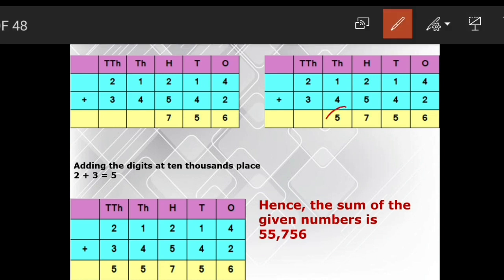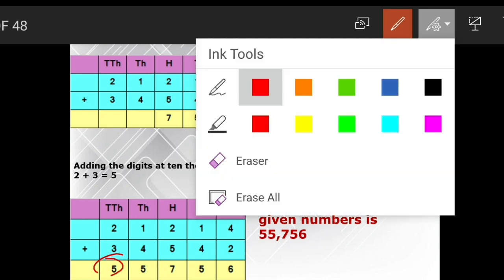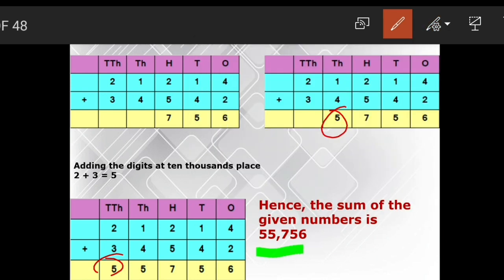You can see 1 plus 4, we have got 5 here. The last step is adding the digits at 10,000 place, that is 2 plus 3 and we got 5. Hence the sum of the given number is 55,756. So this is how we add.